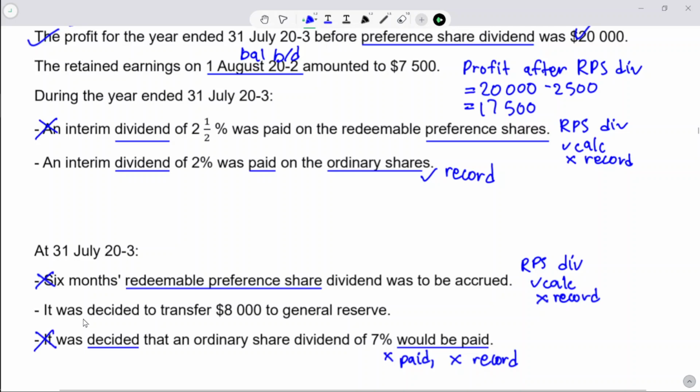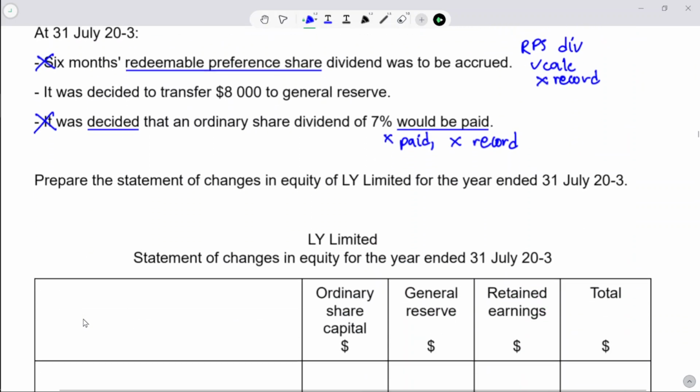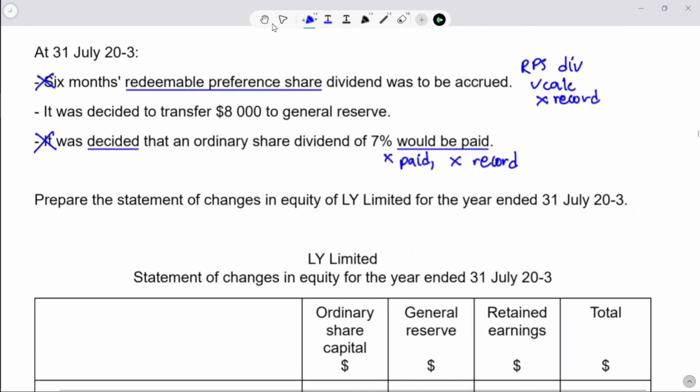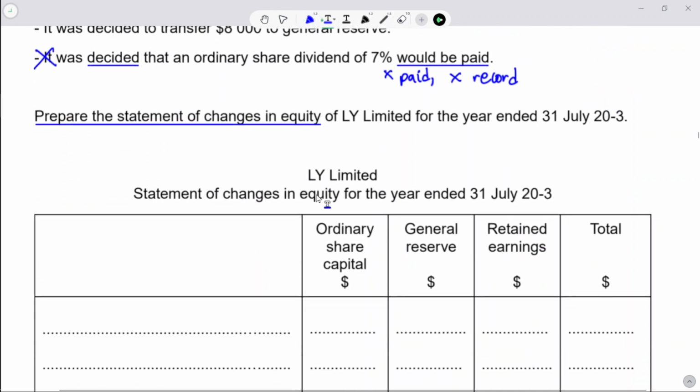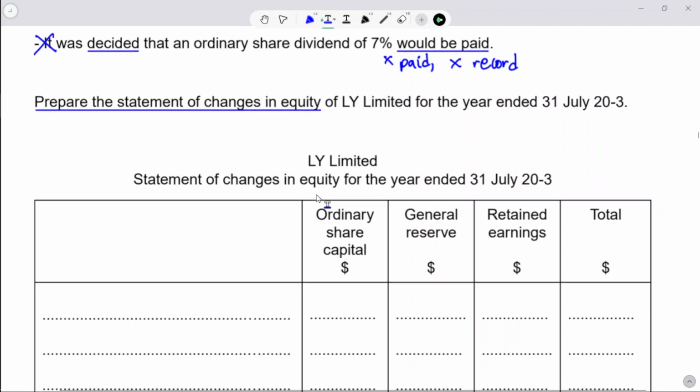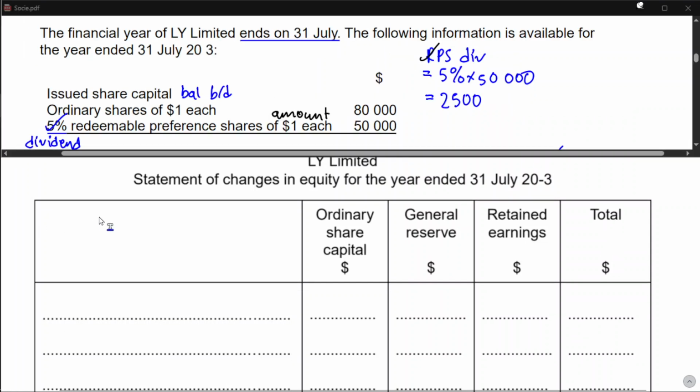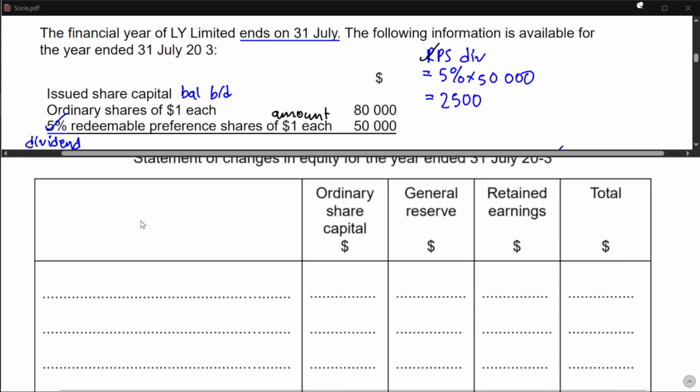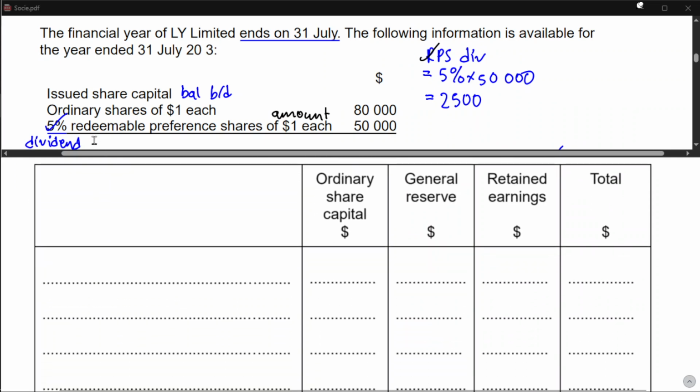So we will prepare the statement of changes in equity. Let's continue. This one is actually a balance PD.